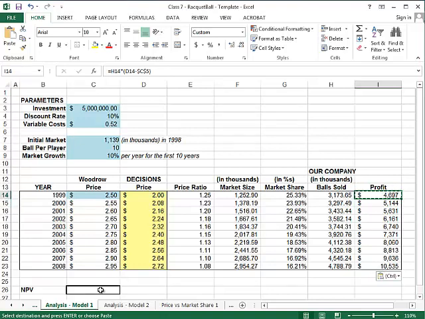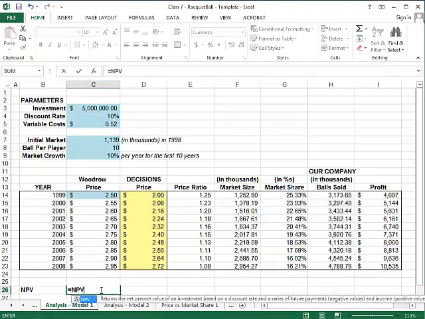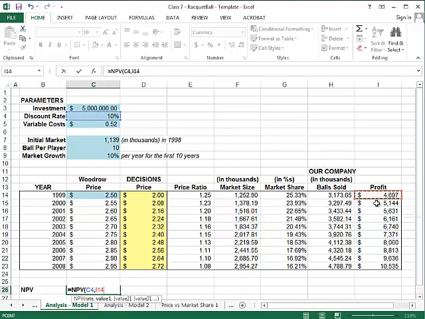So now let's calculate the net present value of this investment. So we have the NPV function that asks us for a discount rate. Then it asks us all our cash flow values from year 1 to year 10. Now I'm going to multiply this by 1,000 because I want to compare this figure to the initial investment, which wasn't multiplied by 1,000.